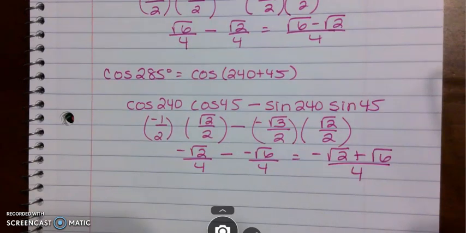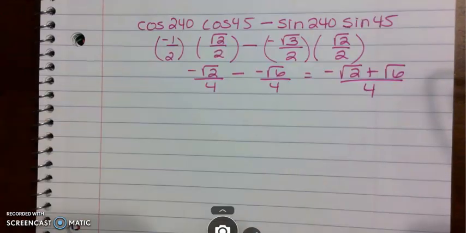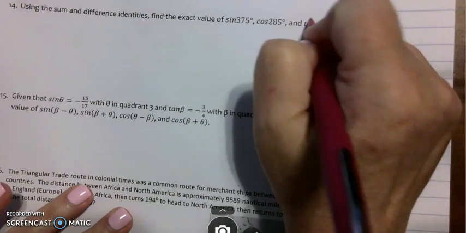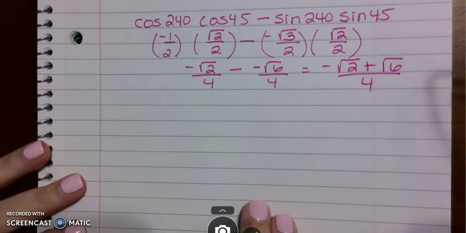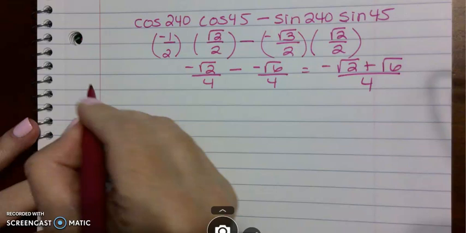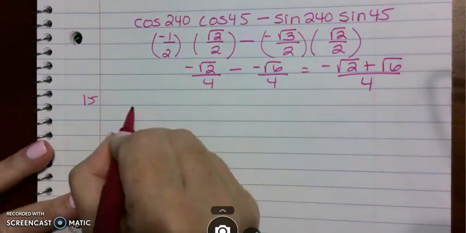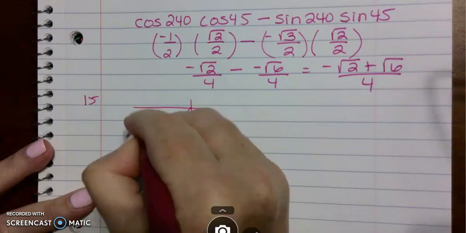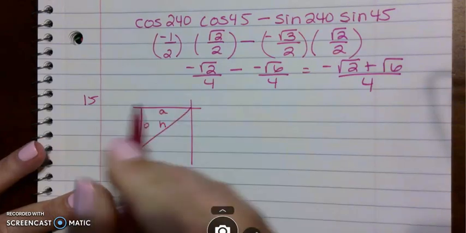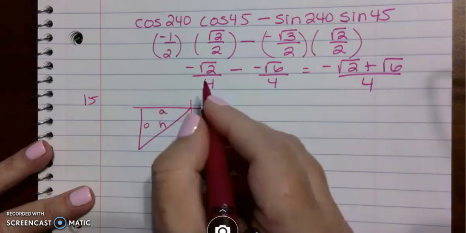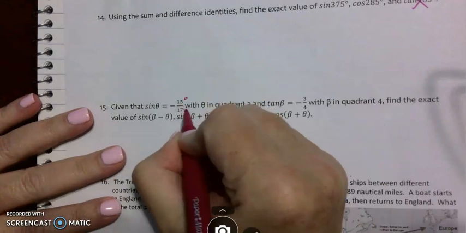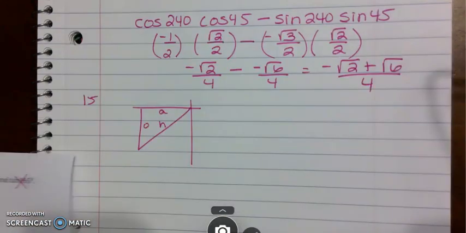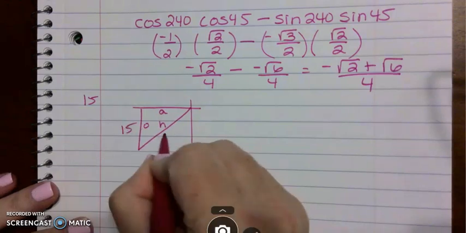Okay, number 15. Number 14, we haven't learned tangent yet, so we're going to throw that one out for now, and we'll do it after the test. They give us quadrant 3. They tell us sine is 15 over 17, so O and H, 15 and 17.